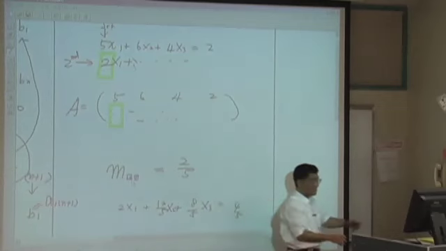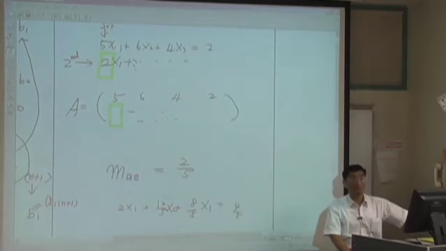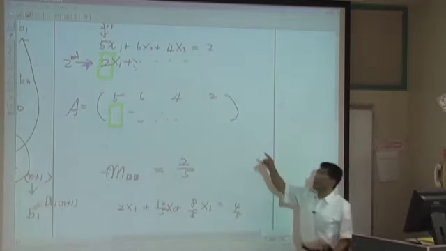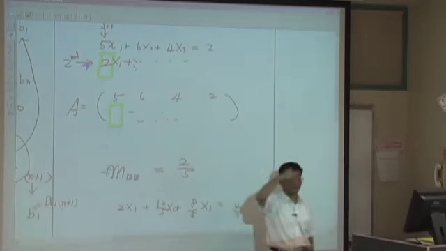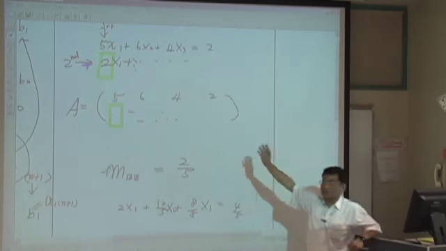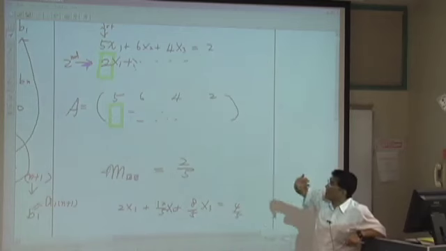And the next thing is I multiply the multiplier to the first equation, and then subtract. So 5 and 5 cancel out, and 2. I will return back to the definition very soon, but the idea is more important. Once you know the idea, you will completely understand the algorithm.